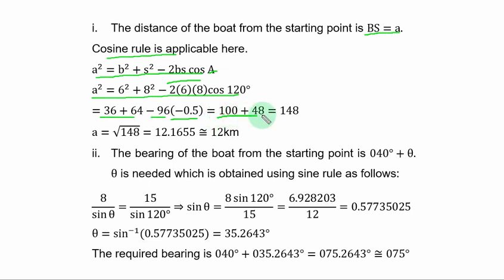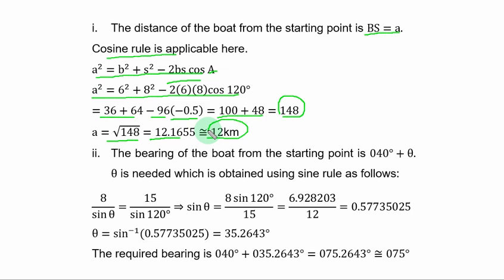That simplifies to this, and you have 148. To get a, the distance of the boat from the starting point, you take the square root of 148, and that is 12.1655. To the nearest kilometer, you have 12 kilometers.